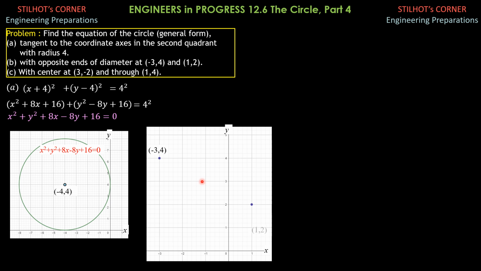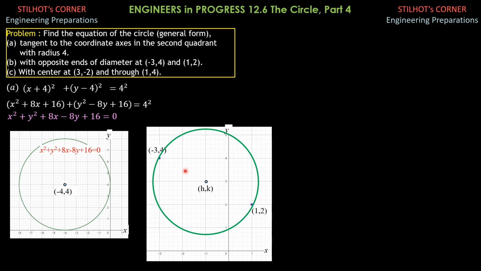Call the center h, k. So the other point is 1, -2 in the fourth quadrant. So this is the circle through these 2 points and the center is at h, k.